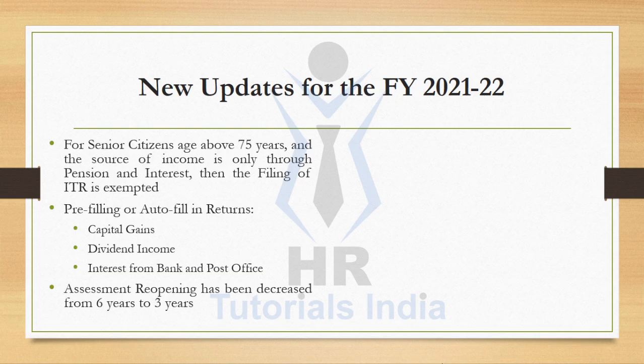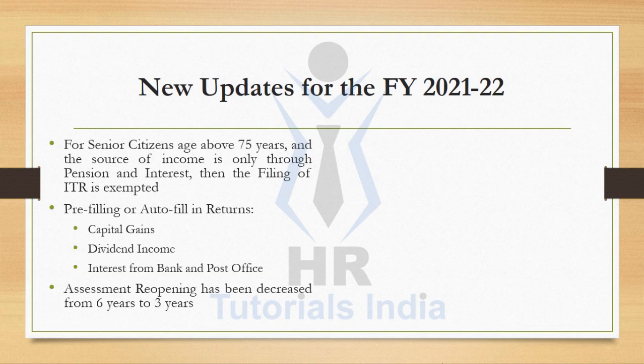Pre-filling or autofill in returns: capital gains, dividend income, interest from bank and post office. Earlier, while filing income tax returns, there were only a few pre-filled details already available, like the salary, tax deducted, and from where the tax has been deducted.